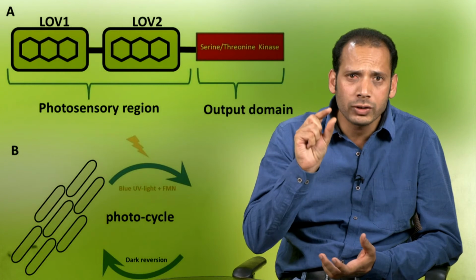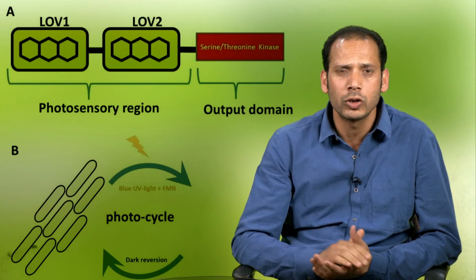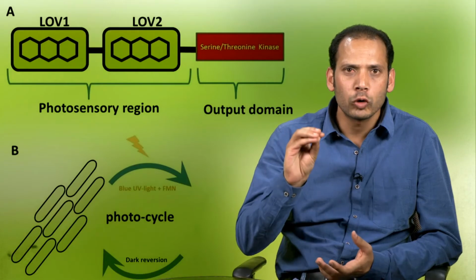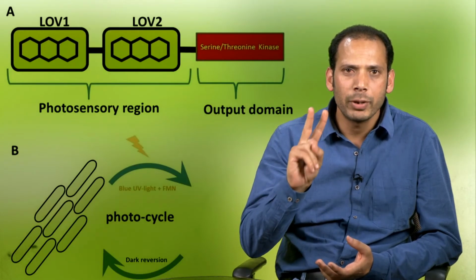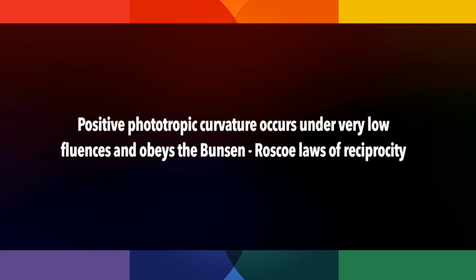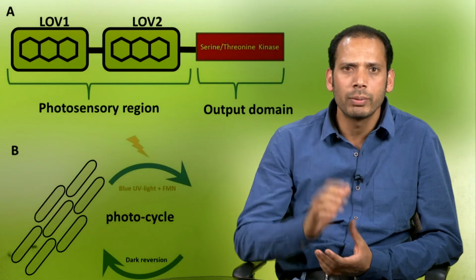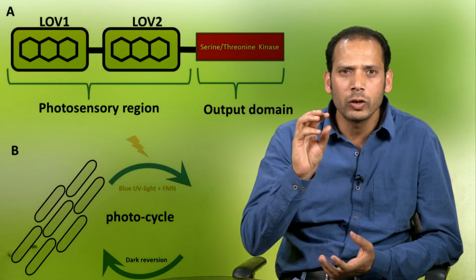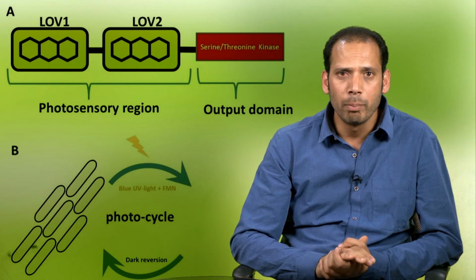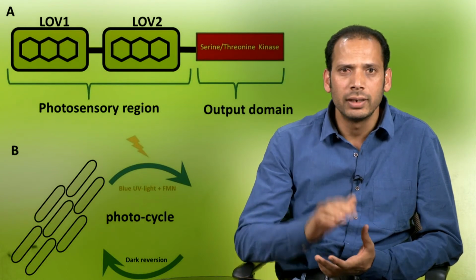The role of PHOTs in initiating the variety of responses is discussed below. Phototropism. The phototropic responses may be separated into 2 distinct stages. First, positive phototropic curvature occurs under very low flux and obeys the Bunsen-Roscoe law of reciprocity, that is, the same degree of curvature is obtained for a given quantity of light, regardless of the flux-time combination used to supply the light.